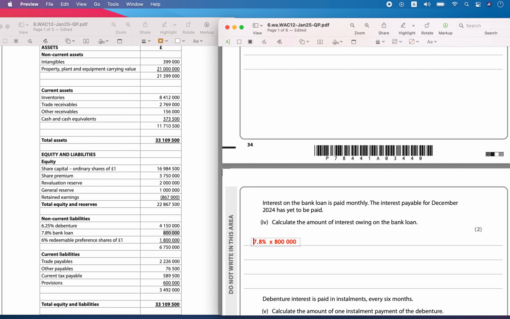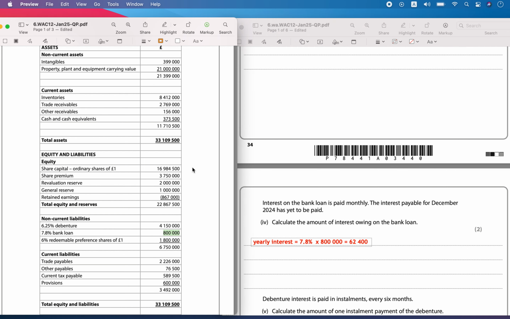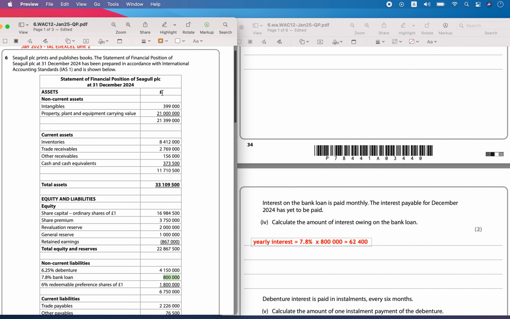Let's calculate the yearly interest: 7.8% times 800,000 is equal to 62,400 pounds.